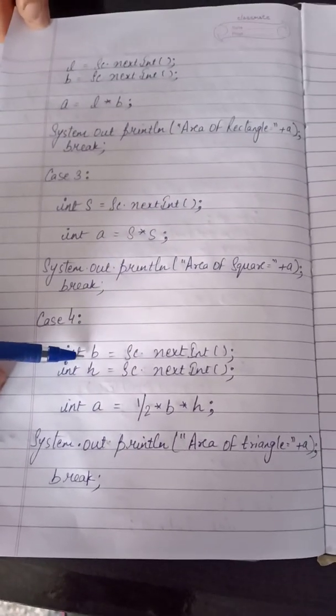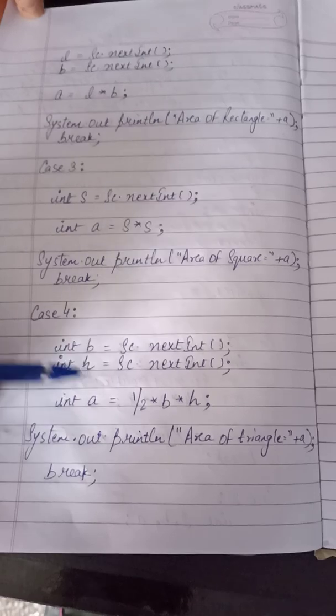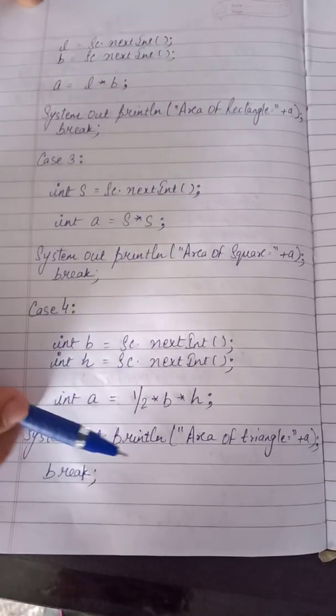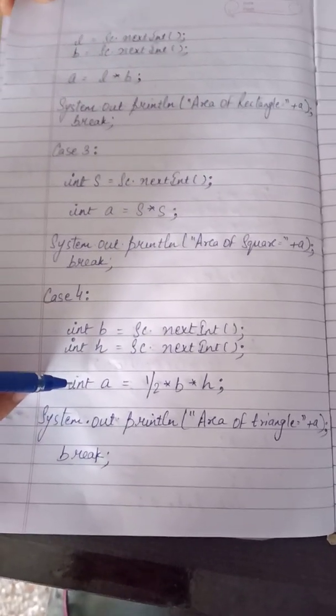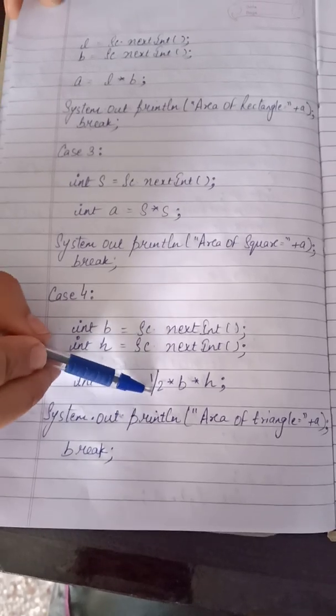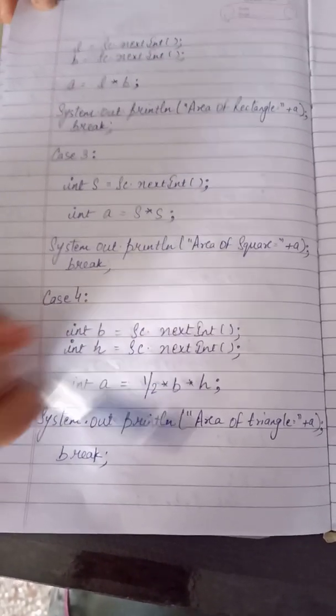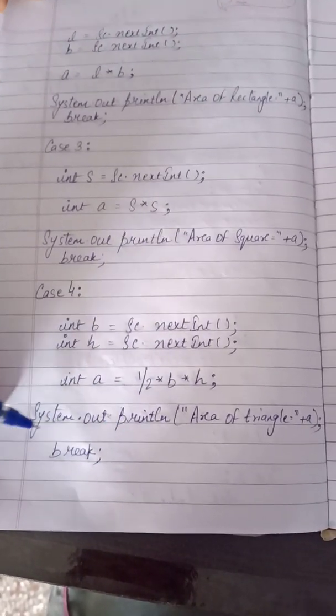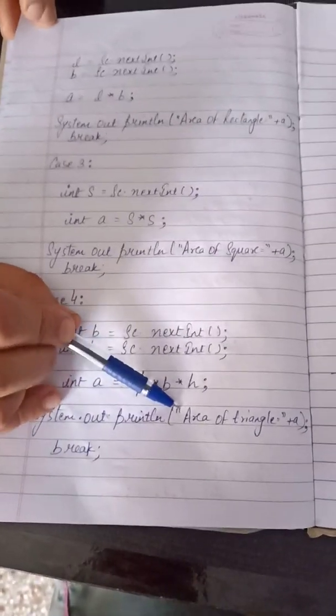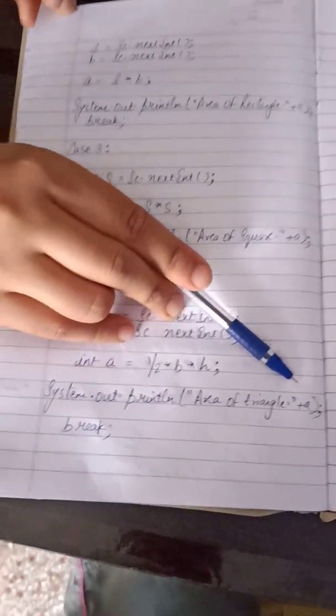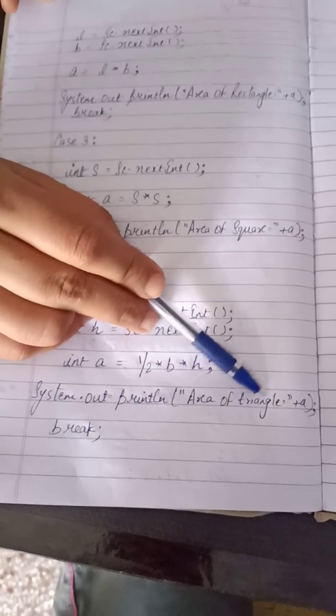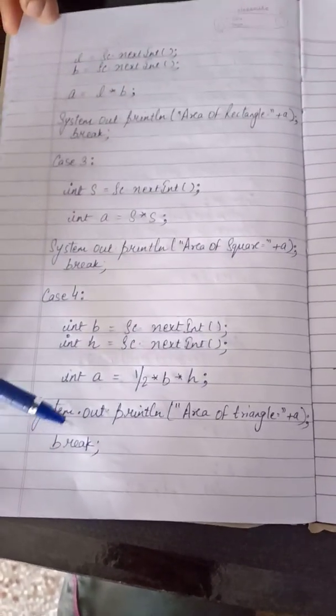For this we have taken user input of base and height. Base, now for calculating the area, int a is equal to half asterisk b asterisk h, and now for I will take this statement for printing the area of triangle plus a and your break.